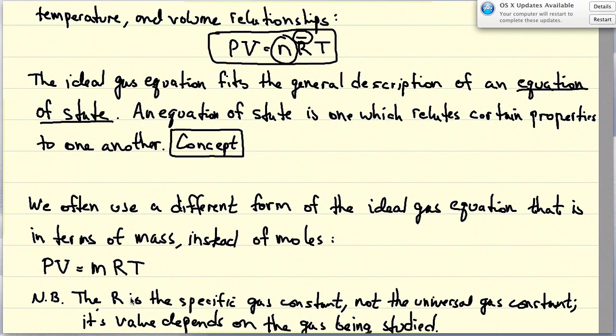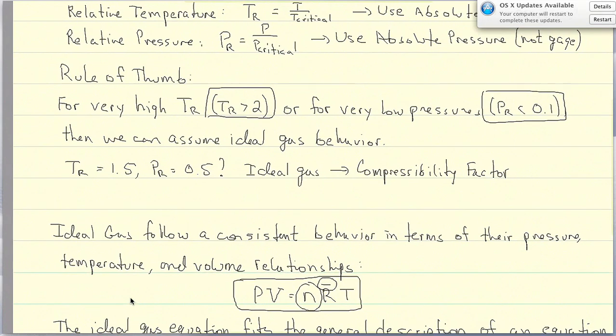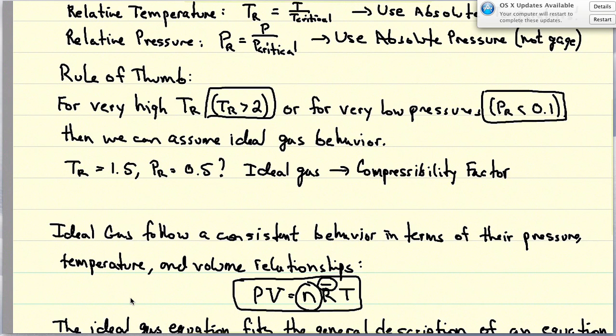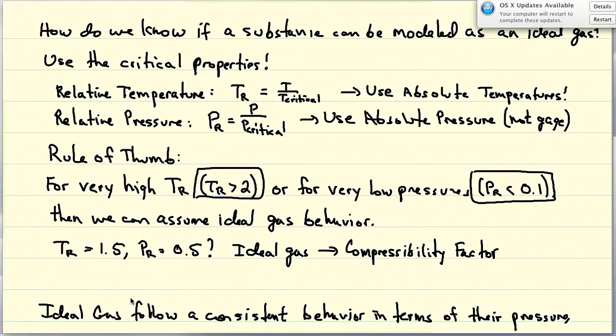By the way, I didn't do this very well up above here. Let me fix this real quickly. We had talked about the reduced pressure and reduced temperature, right? And these are both defined in terms of the critical temperature and the critical pressure. And I didn't say where you can find those values. So let me just say that for you real quickly.